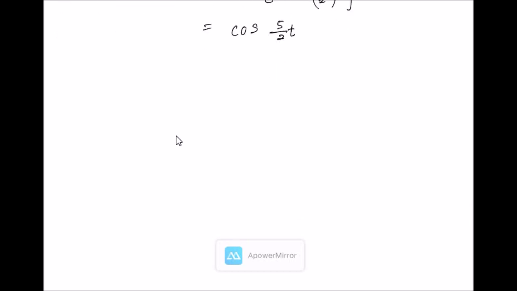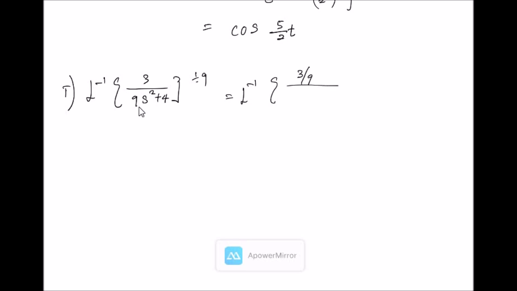Then the last example is the inverse Laplace transform of 3 over 9s squared plus 4. Again, this function of s does not fulfill the format of the Laplace transform table, so we need to divide by 9. We get inverse Laplace transform of 3 over 9, times 1 over s squared plus 4 over 9.